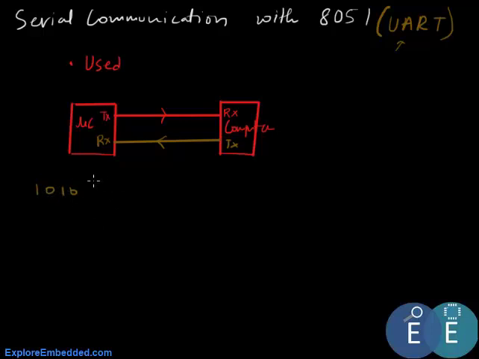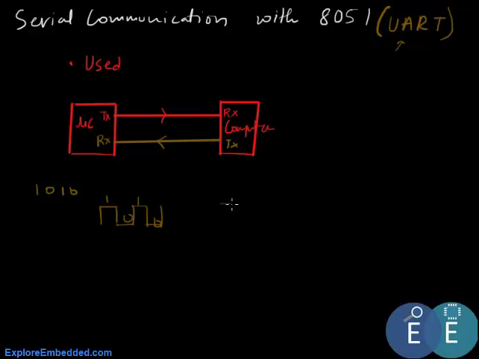From the microcontroller, I make a pin high and then I make it low, then again I make it high and again I make it low, so this becomes 1010. On the receiver's end, on the computer's end, we might get the same string.